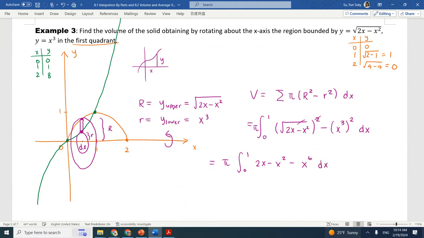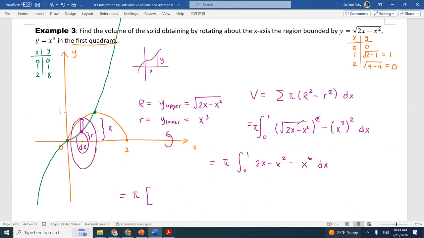Yes, dx. All right. Now we're going to integrate. So at this step, we want to integrate. After you integrate, don't put the integral sign because you don't want to integrate twice, right?